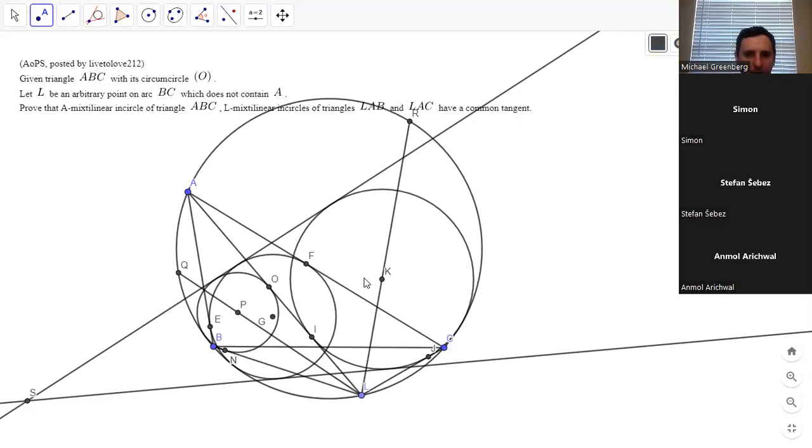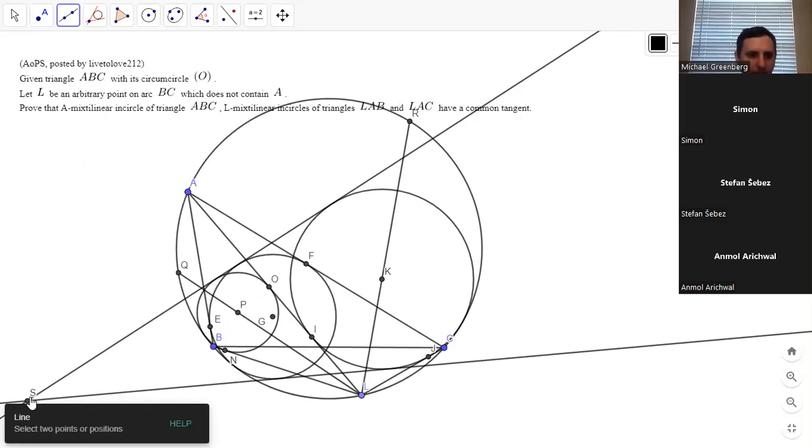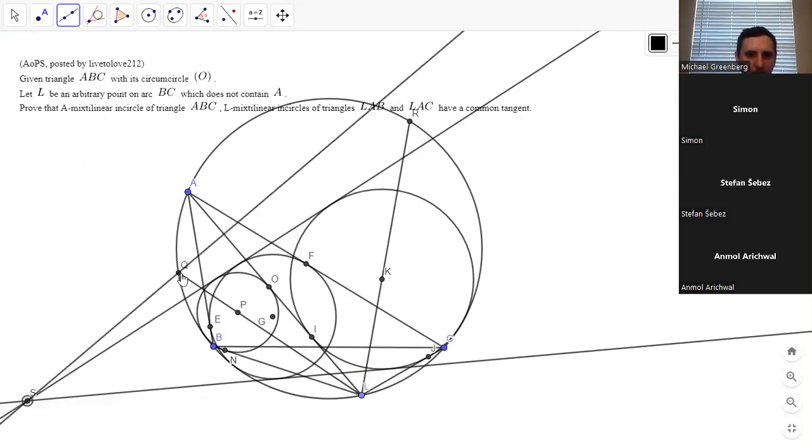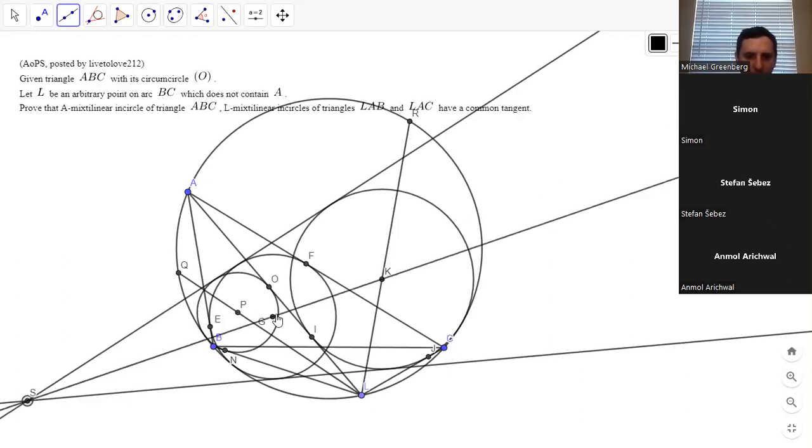So obviously it's collinear with P and K. Is it collinear with Q and R? No. Oh no, not P and G and K. Oh, wait a sec. All three circles don't have the same exsimilicenter.